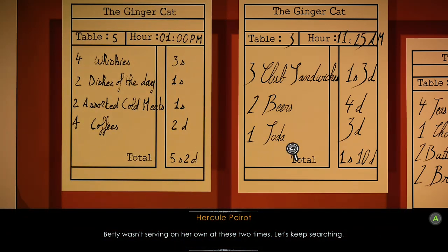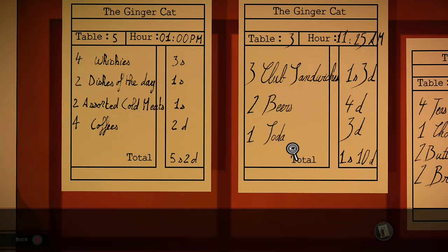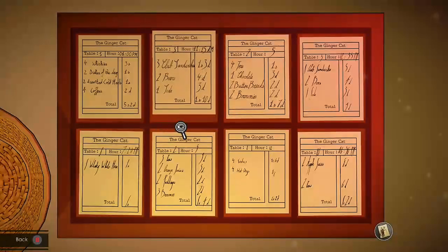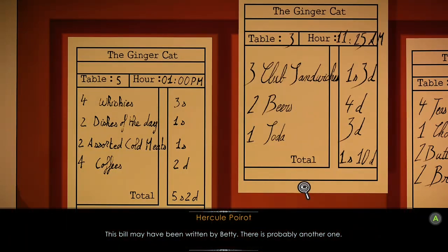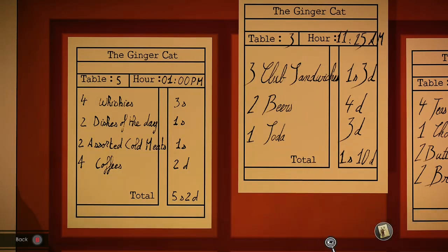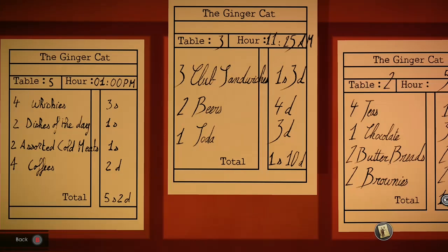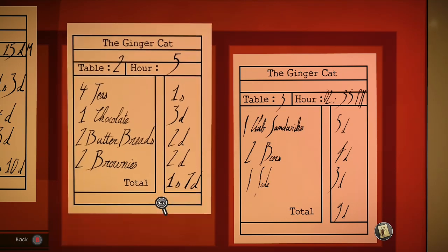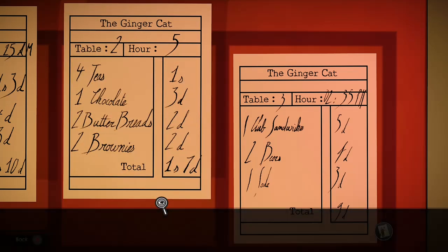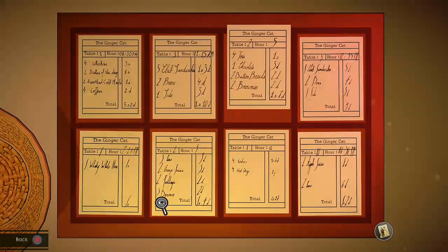Betty wasn't serving on her own at these two times. Let's... Okay. So she was there. This bill may have been... 5 to 30 something. Betty wasn't serving on her own. Oh, for frickety frack's sake.